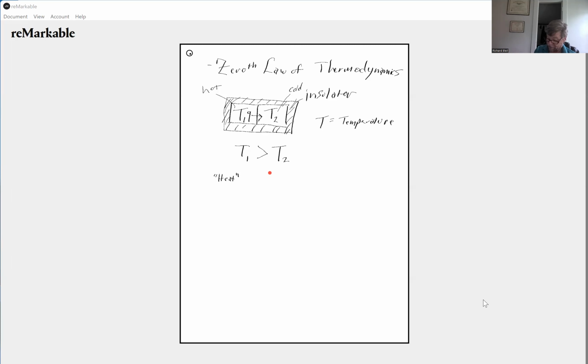So the zeroth law of thermodynamics simply says heat will flow from a region of high temperature to a region of low temperature until equilibrium is established.